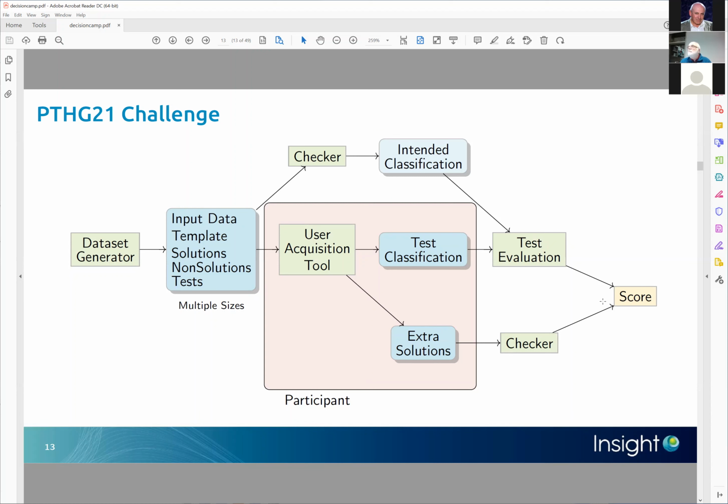And that then produces a score that says how good you are in understanding and solving the problems that are given. And we'll come back to that in a moment.